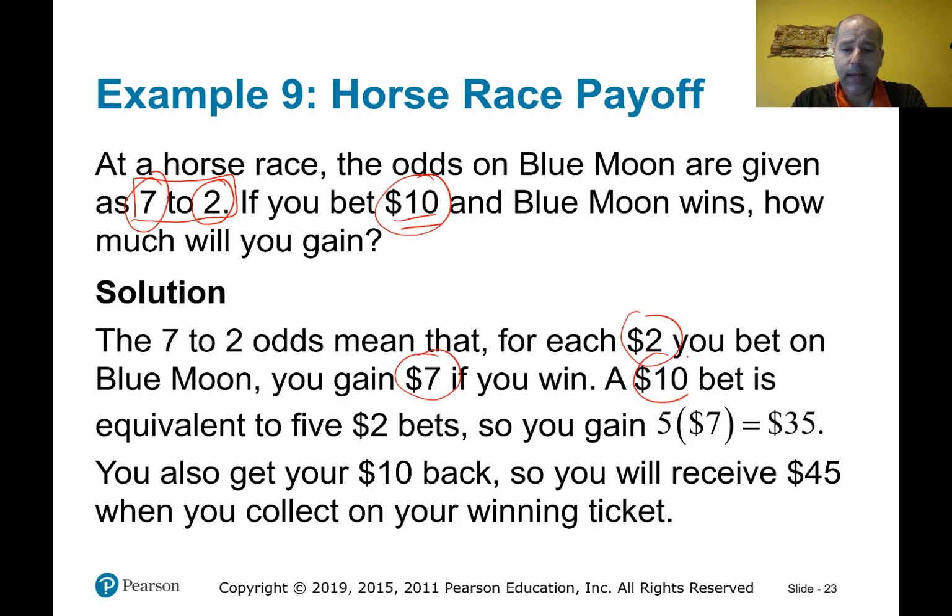You make a $10 bet, that's like making 5 $2 bets, which means that if you win, you're going to get 5 times $7, which is $35, and you also get your $10 back. So you're going to receive your winnings, the gains, plus your original money that you paid for the ticket. Now again, I don't know if that works that way in all gambling or not, but in this example, you get your money back.